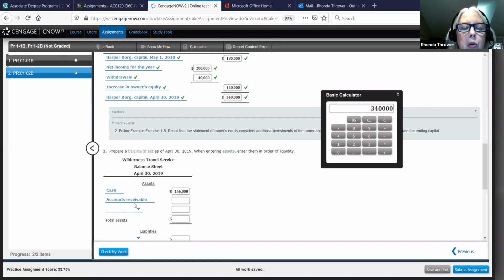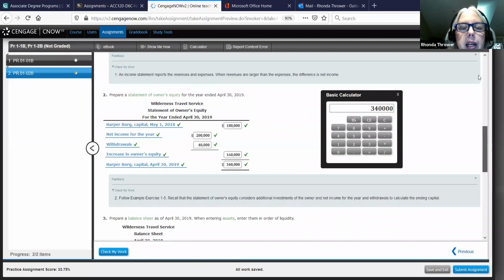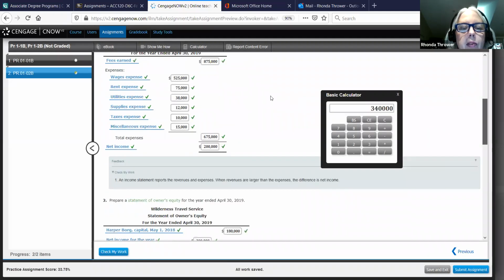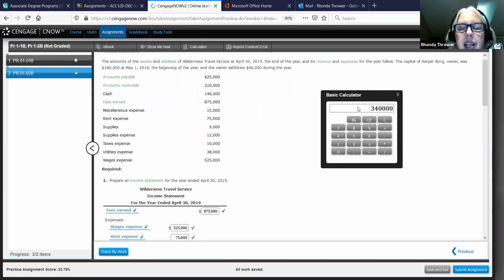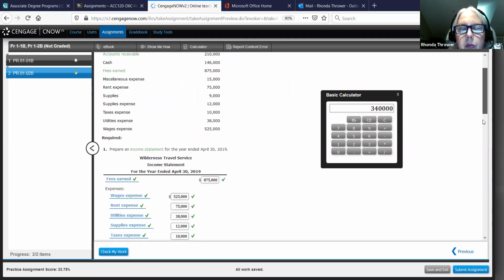Accounts receivable is where we are expecting to collect cash in the future from our customer. We sent the customer an invoice, but we haven't received the cash for the work that we've performed for that customer. That accounts receivable balance was $210,000.